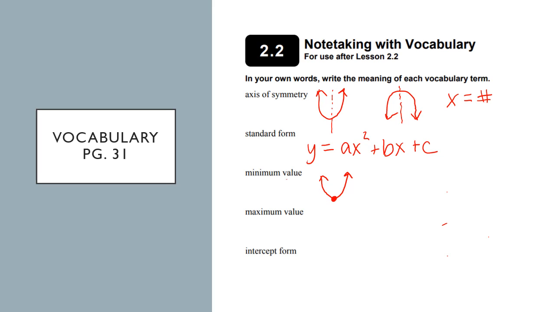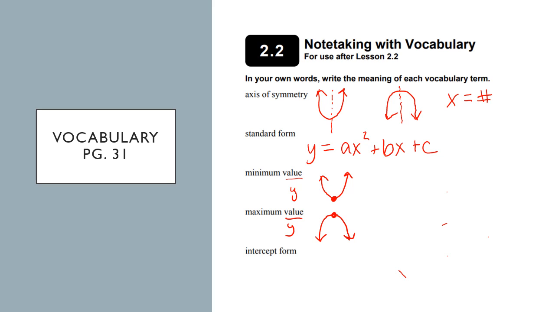When it says value, it wants basically the y value of that vertex point. Okay, maximum is going to be if we have a facing down parabola, obviously that's going to be a maximum. And again, they want the y value of that. So this video is just kind of showing you how to get that. I just want you to know what it is that we're looking for.